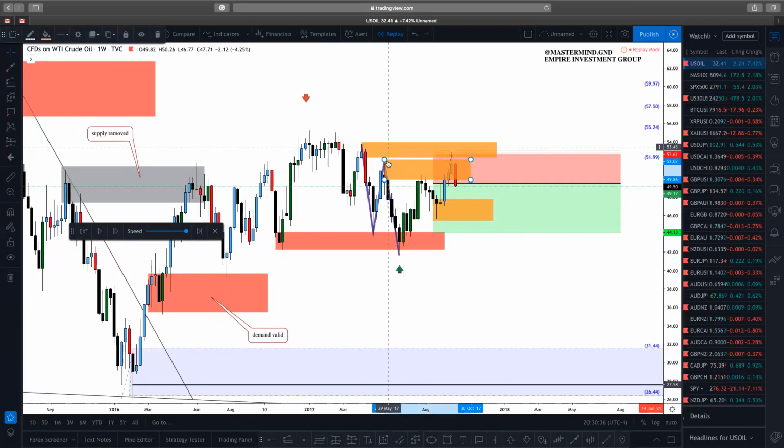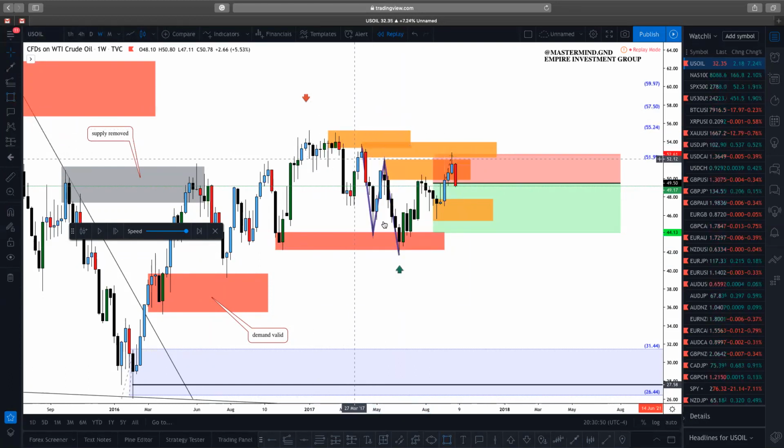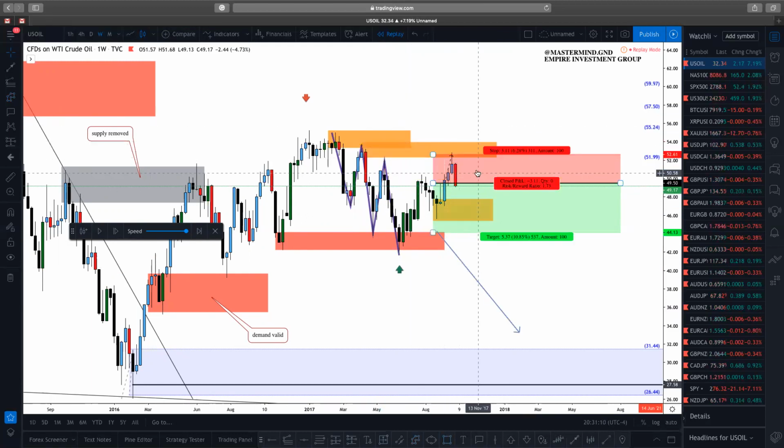But if this zone didn't react off of the zone above, then we consider the zone above also responsible for removing that zone. And this zone right here is also responsible for removing this zone because it was just one big move, even though it went down in a zigzag motion. It is one motion down, right? So here, when this zone is removed, the market reacted off of the second zone, right?